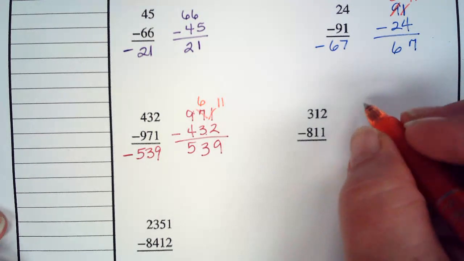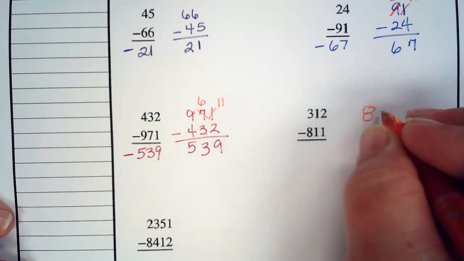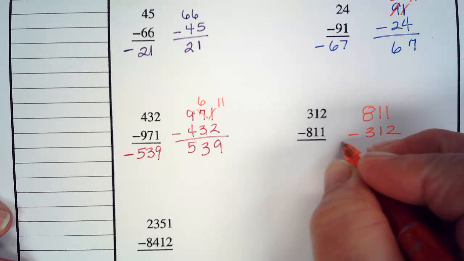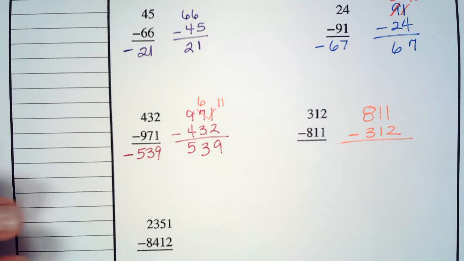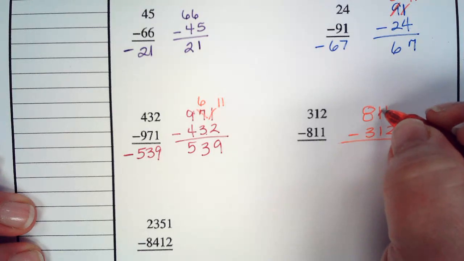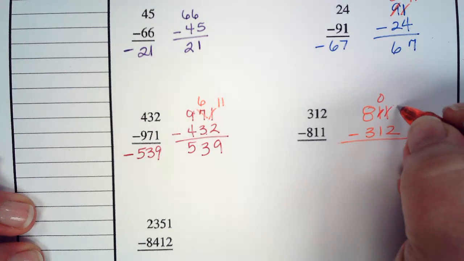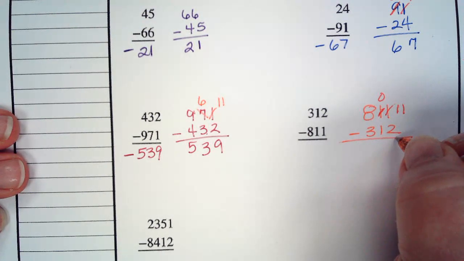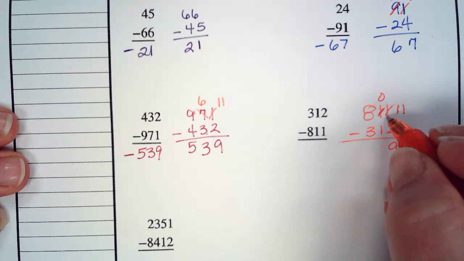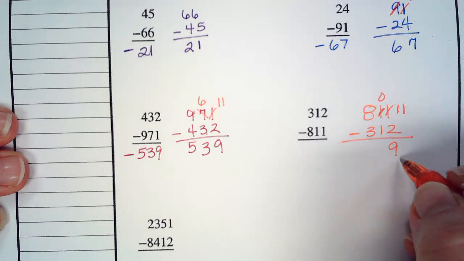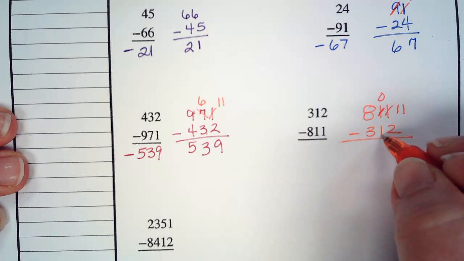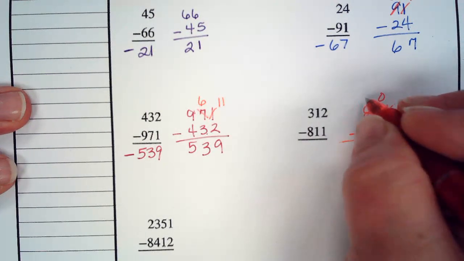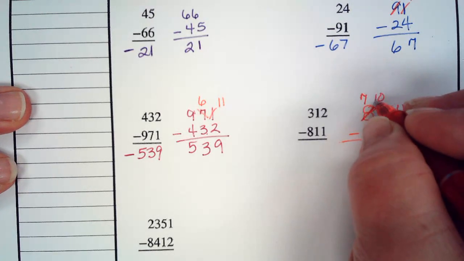Well, I hope you tried. 811 minus 312. I have to borrow, and then I get 11. 11 minus 2 is 9. 11 menos 2 is 9. 0 minus 1. Oh, that doesn't work. I've got to borrow from my 7. 8 just becomes a 7.